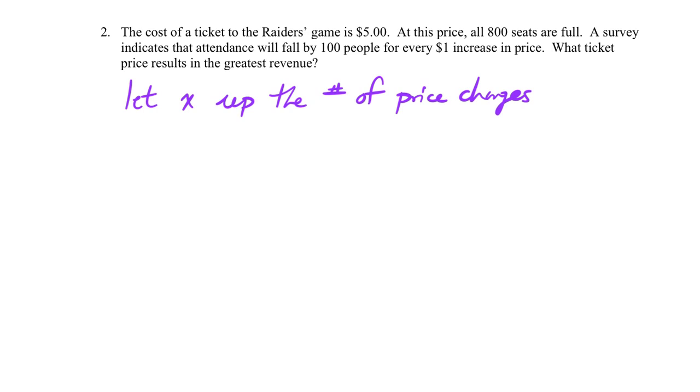The other reason I've called it price changes and not what the problem says, which was price increase, is because I don't actually know which direction I want to change the price. What if dropping the price by $1 creates the greatest revenue?